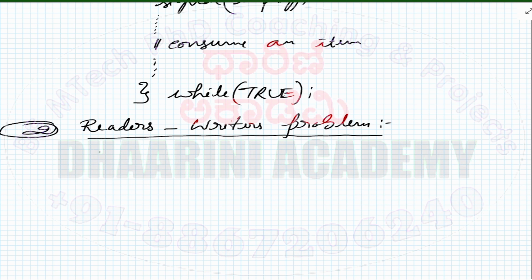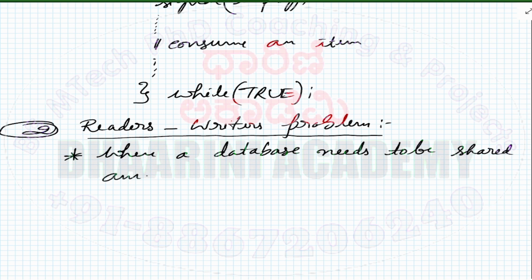Okay, so let's write that in brief. When a database needs to be shared among concurrent processes, right, we basically have two types.